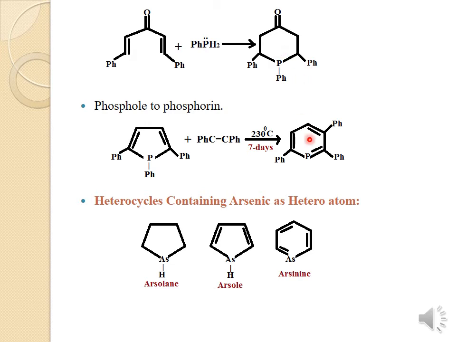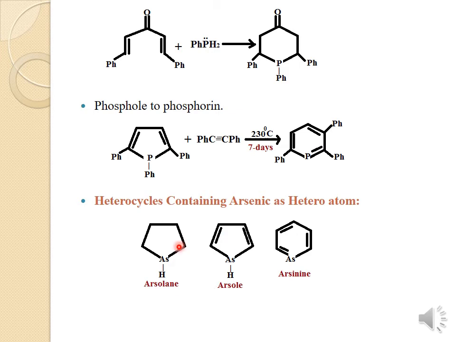Okay, and then if we take the phosphole and treat it with diphenyl compounds at 230 degrees Celsius for 7 days, then only phosphorin will be obtained. Moving on to next, that is your arsenic compounds.